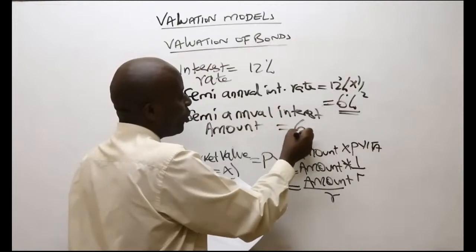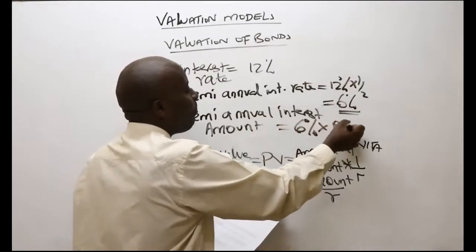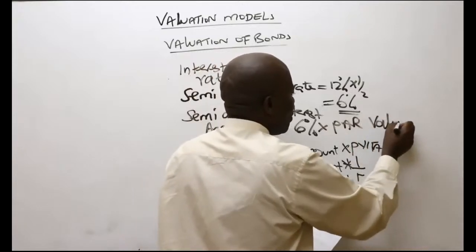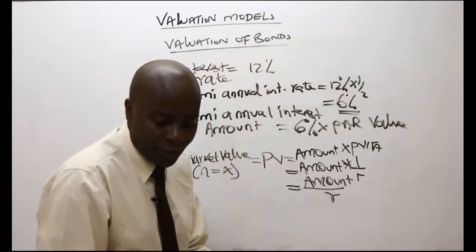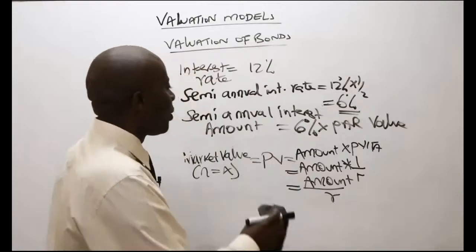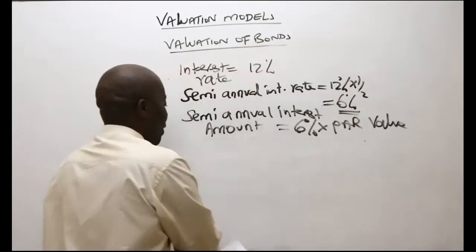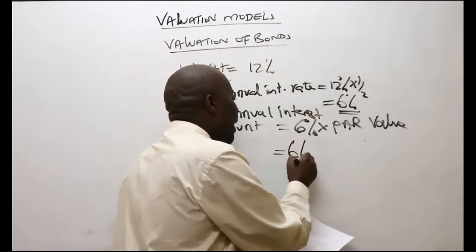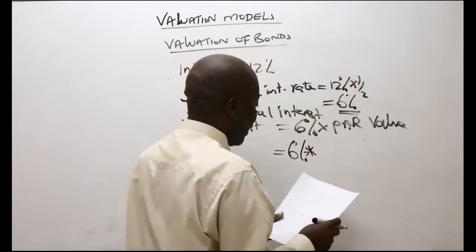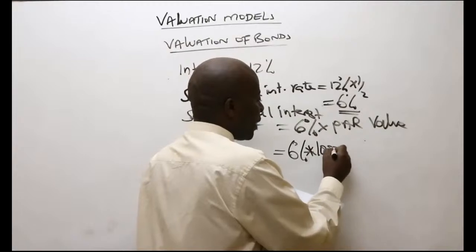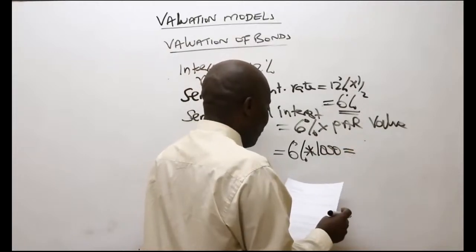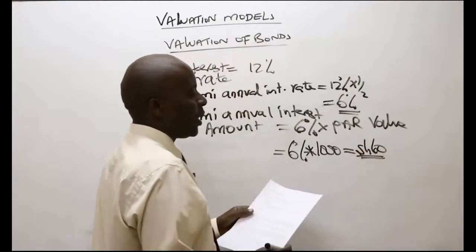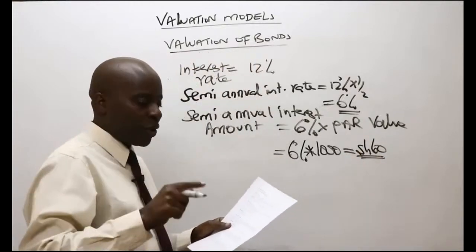This will be equal to 6% of the par value, which will be 6% of the firm's par value, which is 1,000. So, ladies and gentlemen, this will end up giving us shillings 60 every 6 months.